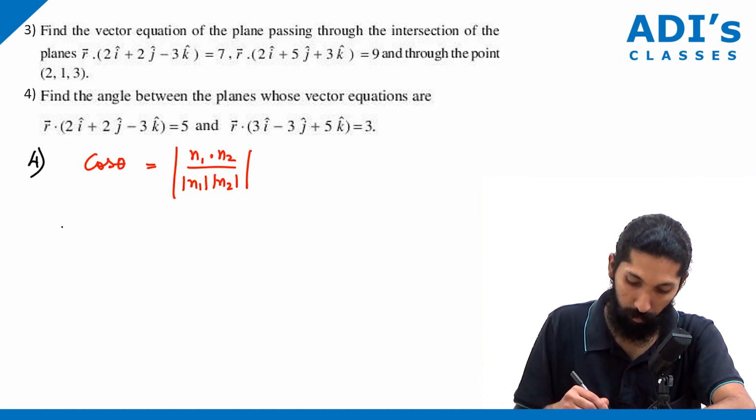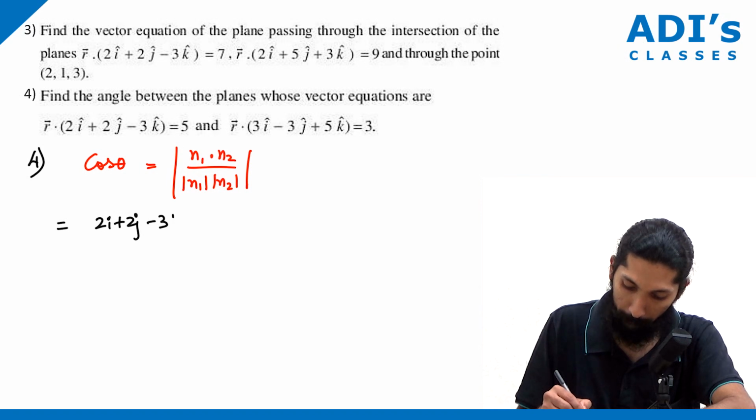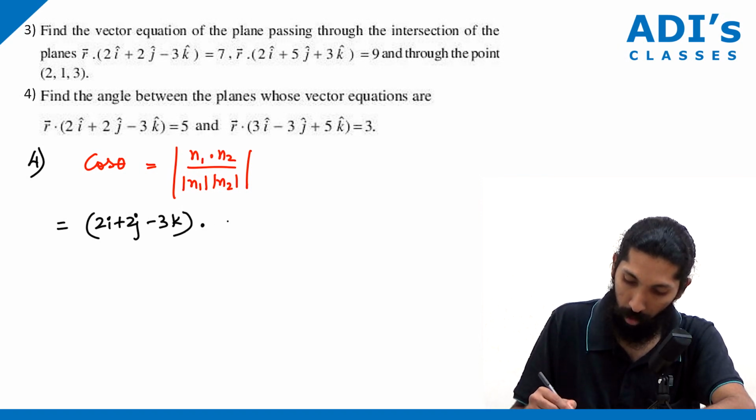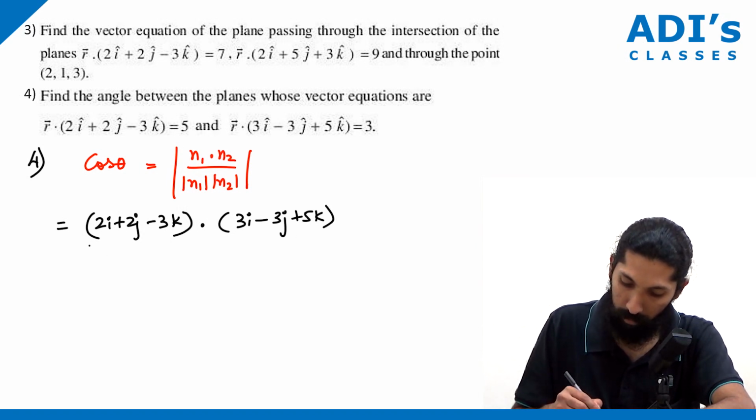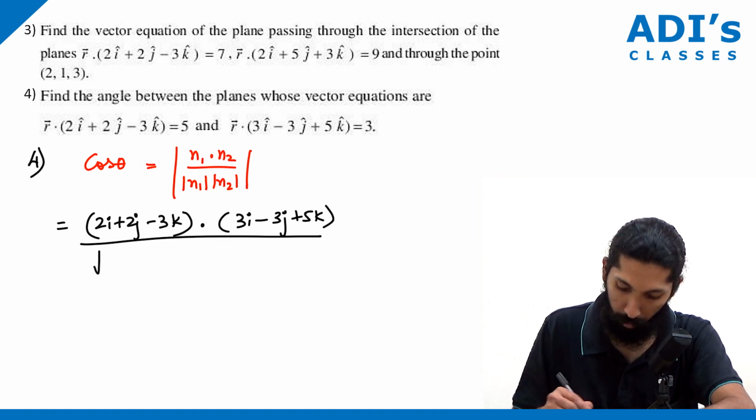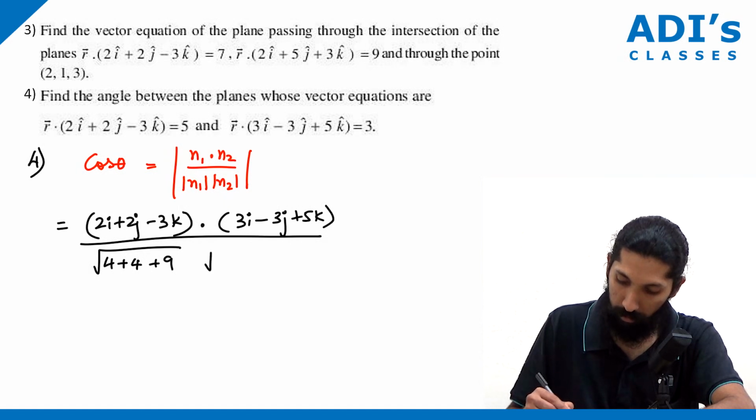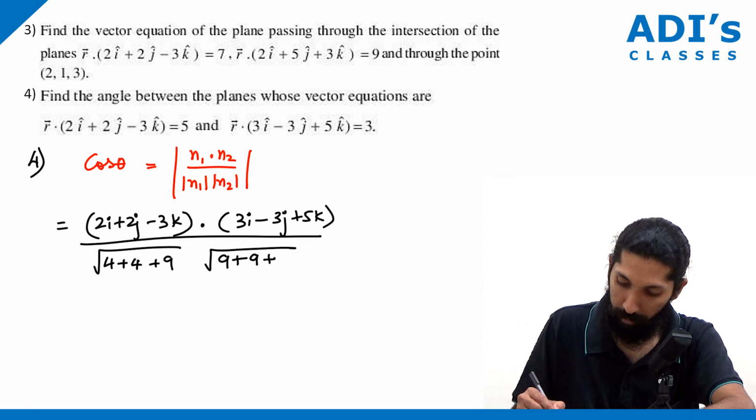What do you have? 2i plus 2j minus 3k dot 3i minus 3j plus 5k divided by root of 4 plus 4 plus 9 into root of 9 plus 9 plus 25.